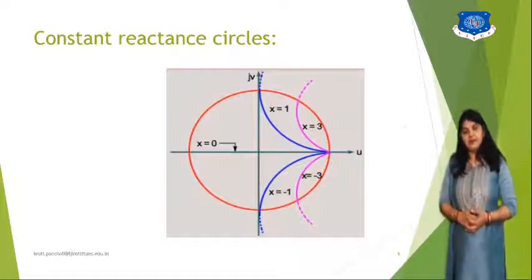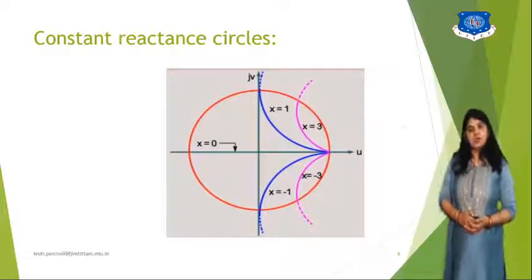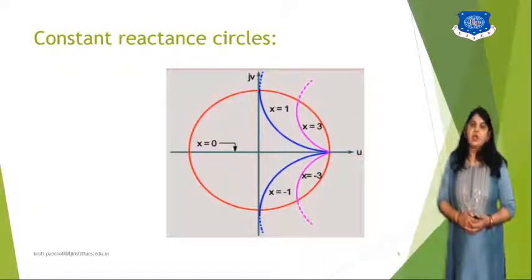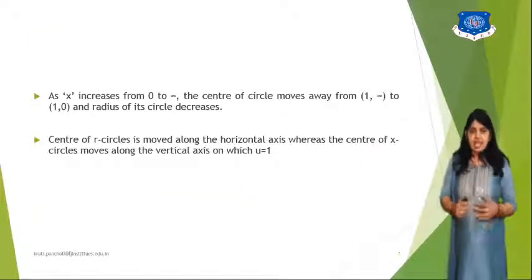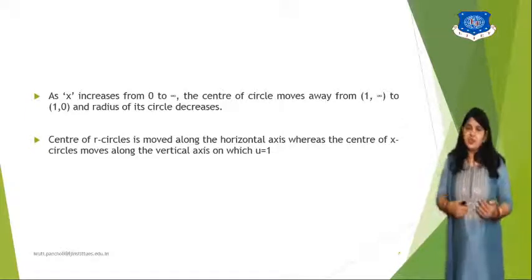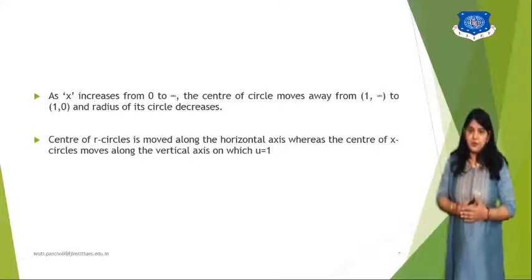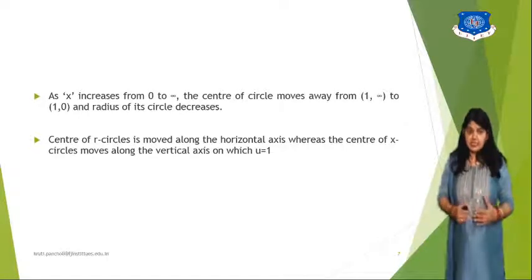So inductive and capacitive, accordingly, these constant reactance circles are also present on the Smith chart. As x increases from 0 to infinity, the center of the circle moves away from (1, infinity) toward (1, 0), and the radius of the circle decreases.